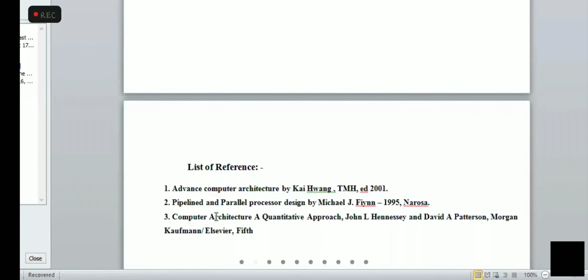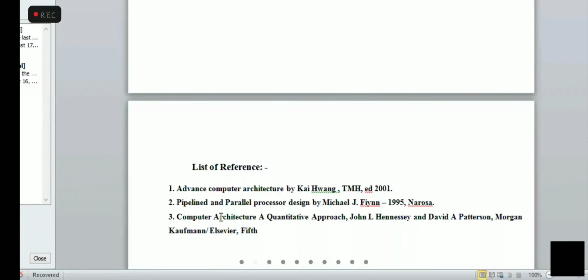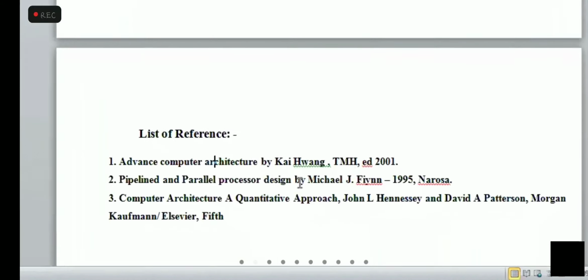I would like to say that one book is not sufficient for this syllabus, because the whole syllabus is not covered in a single book. I would suggest the Kai Hwang book, but in it only module 2 is covered, and the rest of the modules are not. In the Pipeline and Parallel Processor book also, some topics are covered but not completely.